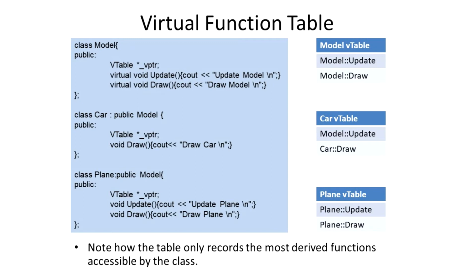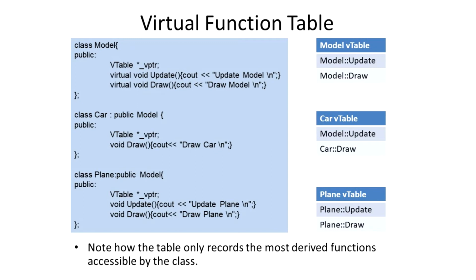Now let's go down and have a look at the car class, which inherits from model. So therefore car is the child. And as model has virtual functions, we therefore have a virtual function pointer in the child class here, so we can get access to it. The child class is going to override the parent's draw function.